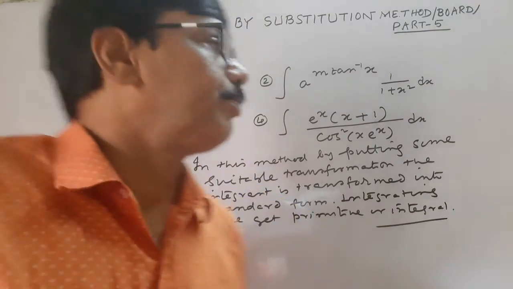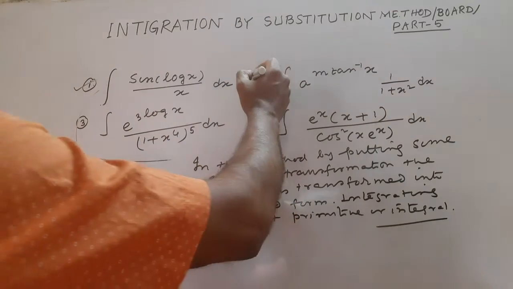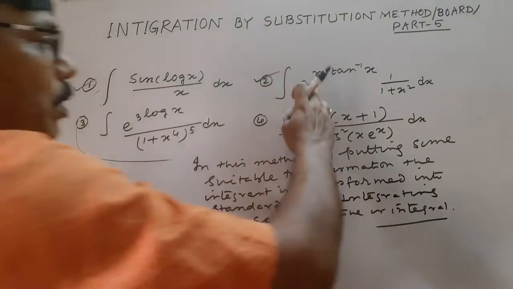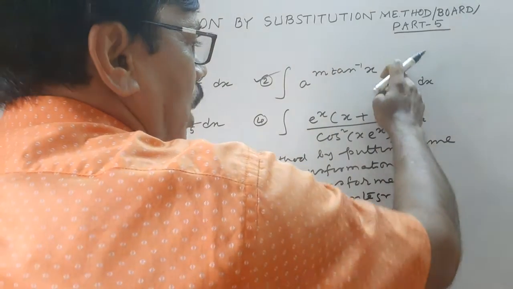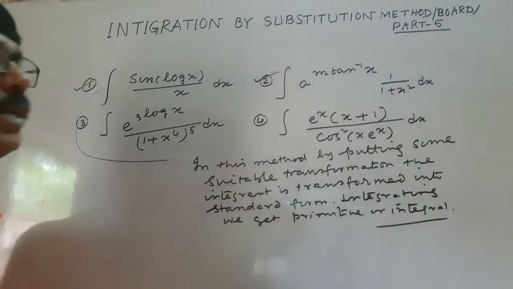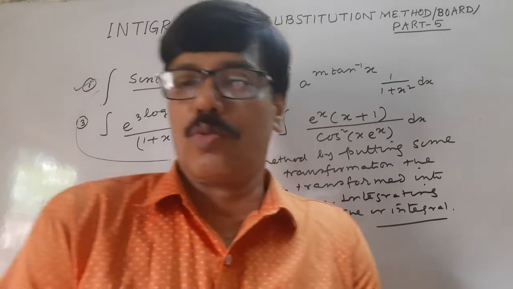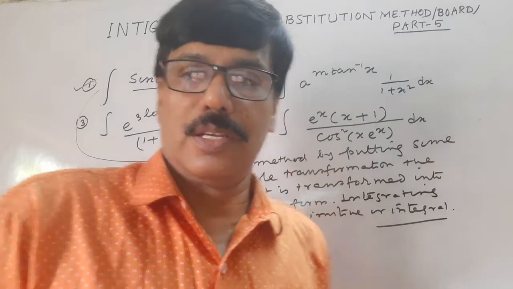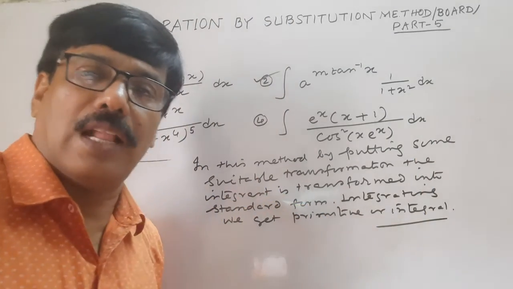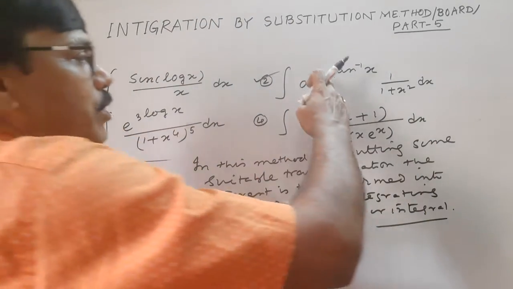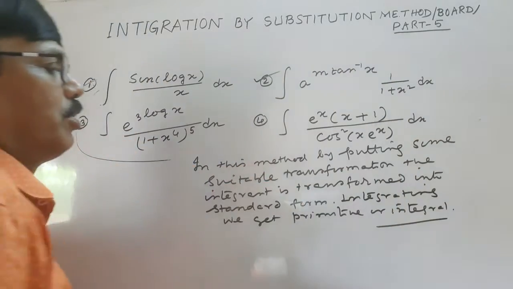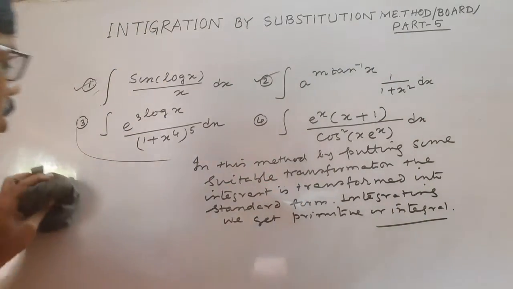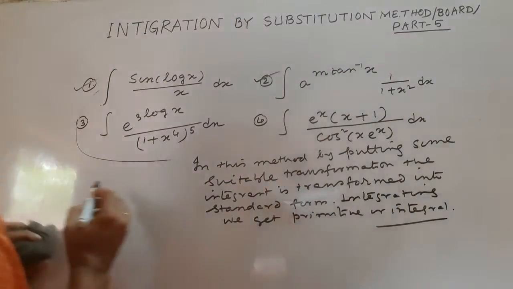So listen, suppose problem number 2: a to the power m tan inverse x, times 1 by 1 plus x square dx. So we know the integration of a to the power mx is linear algebraic, but m tan inverse x is not linear. So put a transformation.